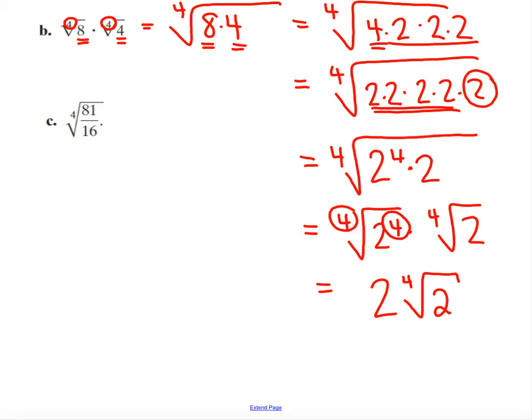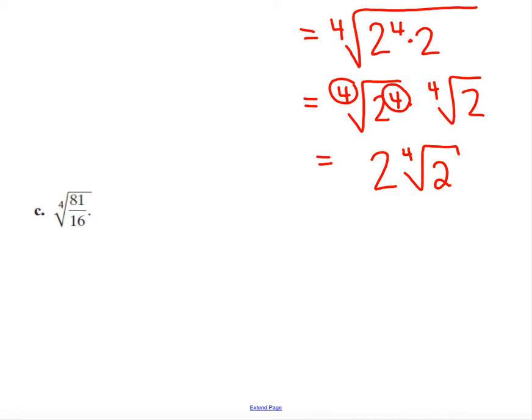All right, let's go ahead and bring this down a little bit. Next example, 4th root of 81/16. We can go ahead and separate this out as 4th root of 81, 4th root of 16. Now let's see if we can simplify that. We're looking for a perfect root.